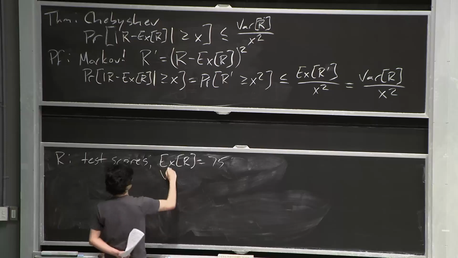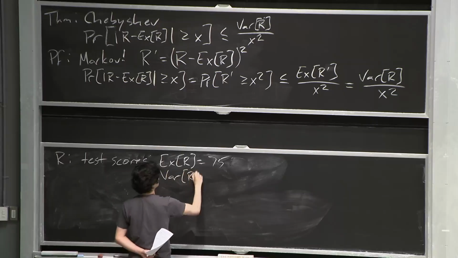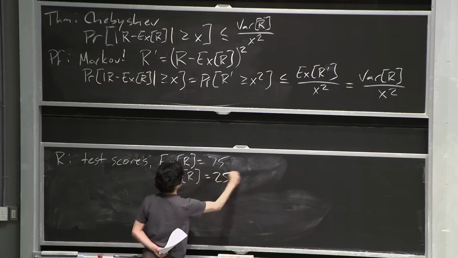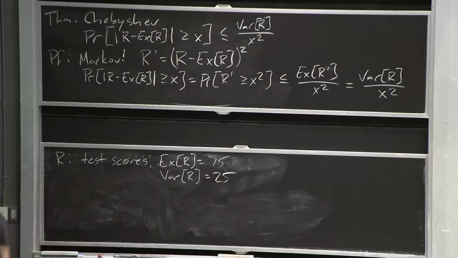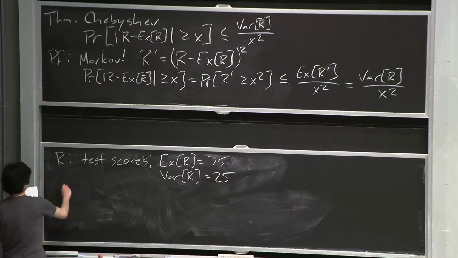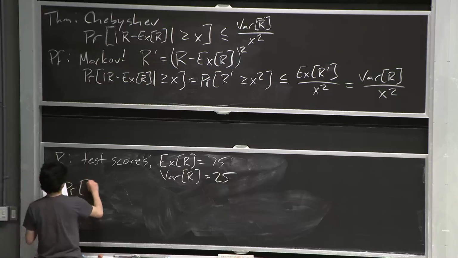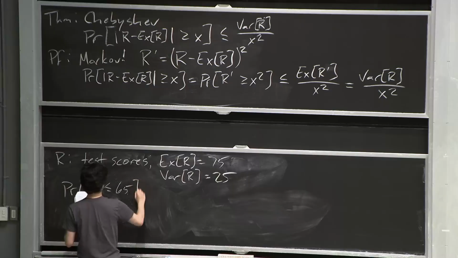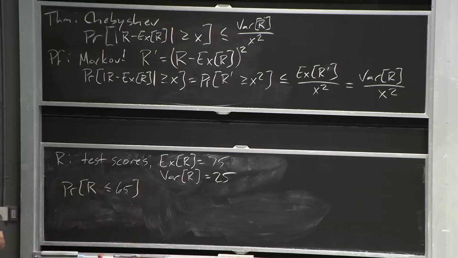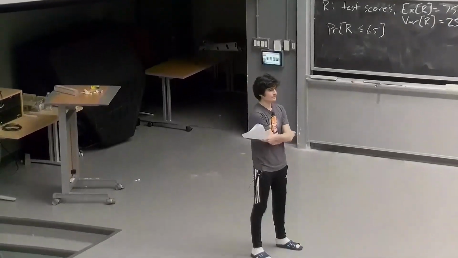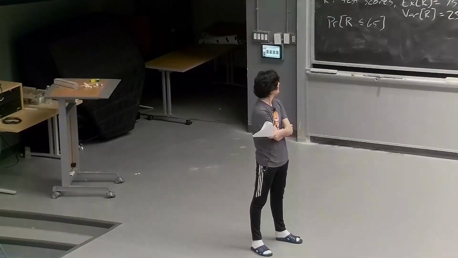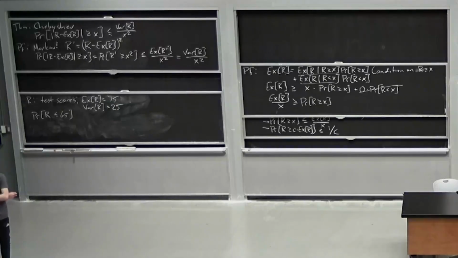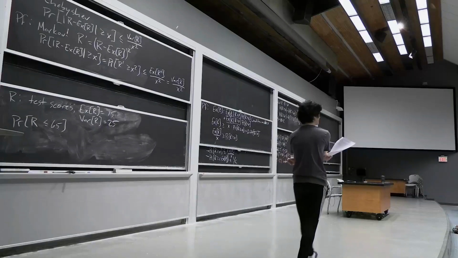And say that the variance is 25. So now what can we say about the probability that R is at most 65? Any ideas? How could we apply Chebyshev to this?